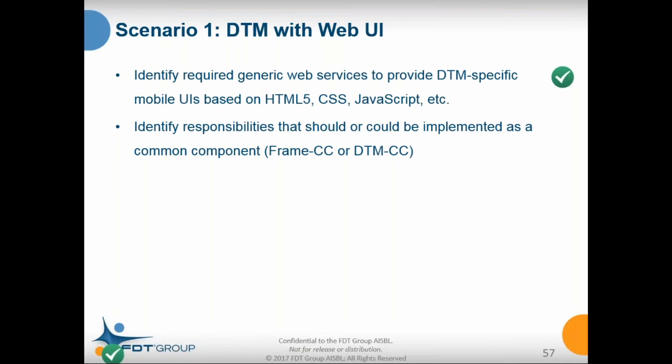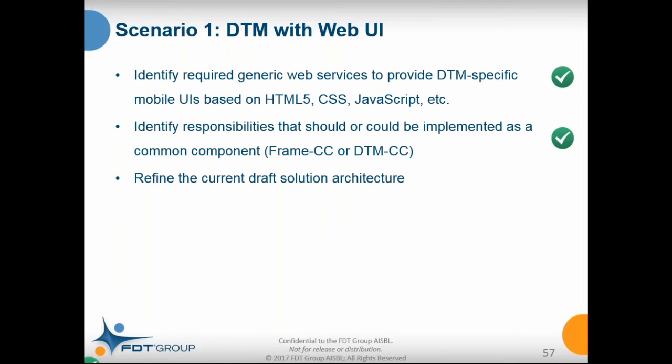Also, it's not a final specification, but it's drafted. Next thing was to identify responsibilities that should or could be implemented as a common component, as a frame CC or DTM CC.